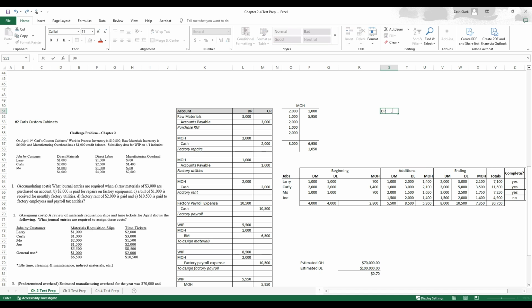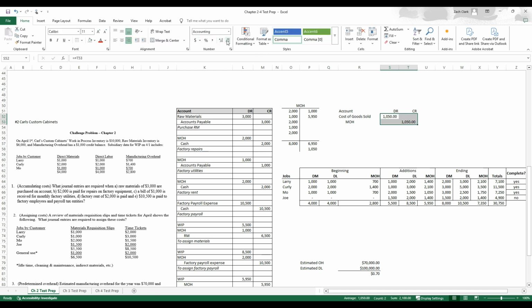I'm just going to do that up here just for the heck of it, so you can see the connection there to our account. So we need to credit overhead for 1,050, and we need to debit cost of goods sold for 1,050.